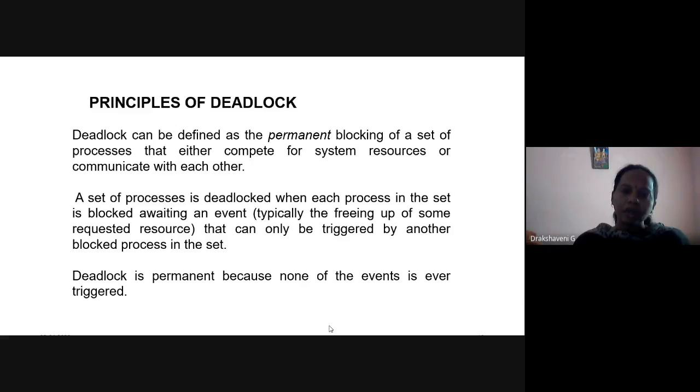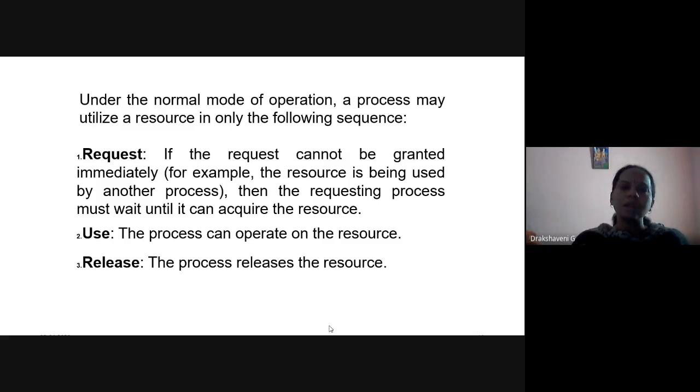Deadlock is permanent because none of the events is ever triggered. Under the normal mode of operation, a process may utilize a resource in only the following sequence. So how can the operations be done? You request, use, release.